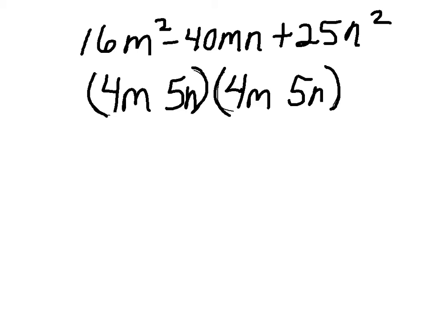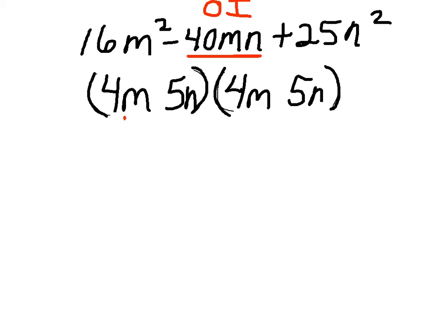Now you know that middle term up top, that 40mn, is there due to the O and the I of the FOIL method. This part right here, the O and the I, comes from the outside and the inside when we multiply.